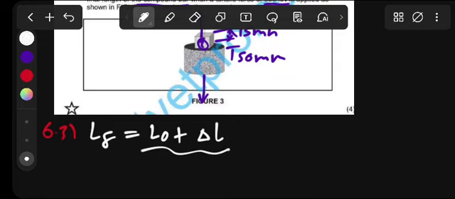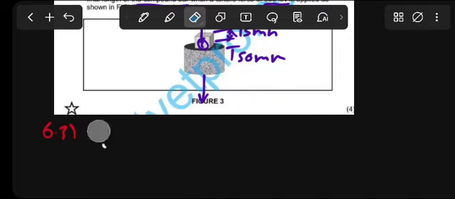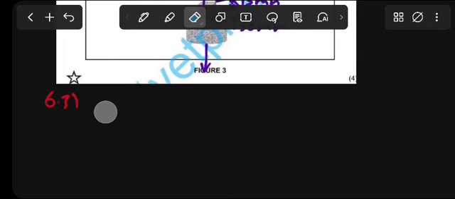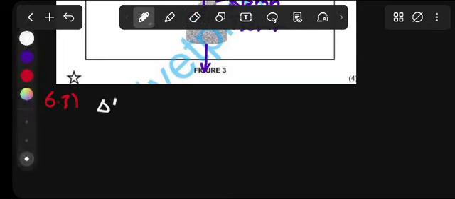So the aim is to get the change in length. Remember, x and change in length are one and the same thing, so it's up to you which one you use.